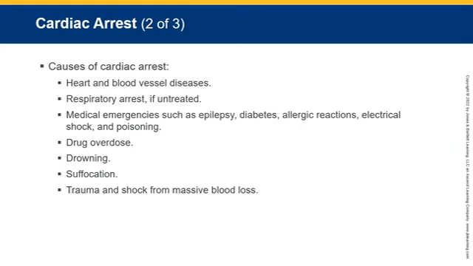Medical emergencies such as epilepsy, diabetes, allergic reactions or severe anaphylactic shock, electrical shocks, and then sometimes poisoning as well, which cause that to happen. All right. Drug overdoses. In some cases, definitely your opiates would cause things like cardiac arrest, drowning, suffocation, and trauma and shock from massive loss of blood. When we look at massive blood loss, we always talk about hypovolemic shock.